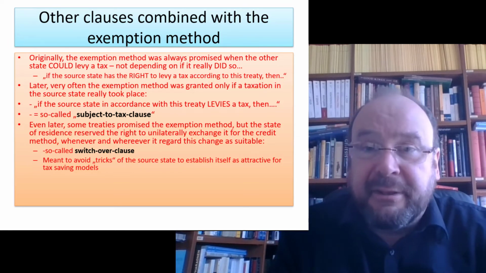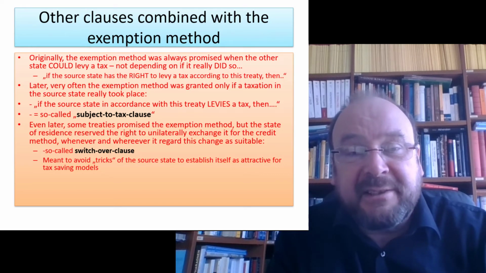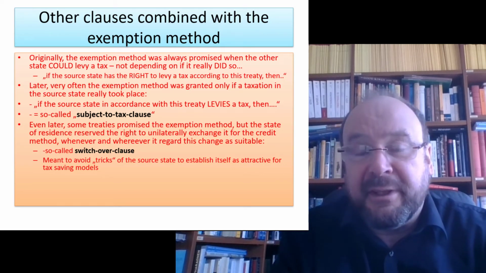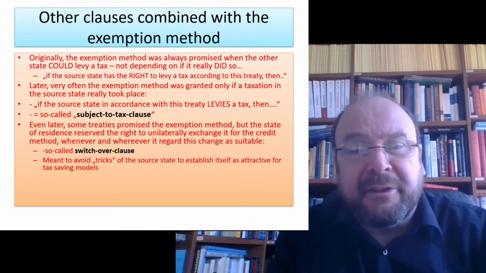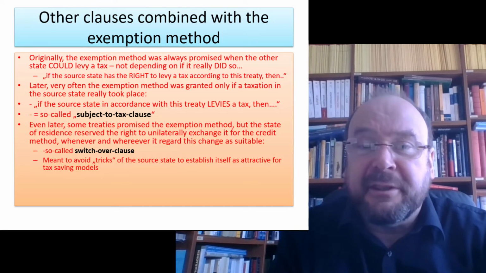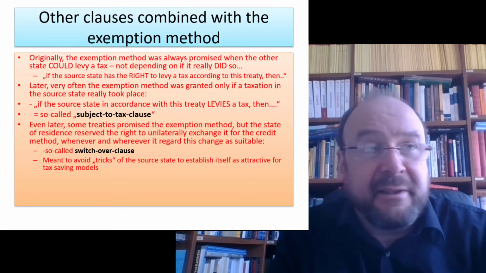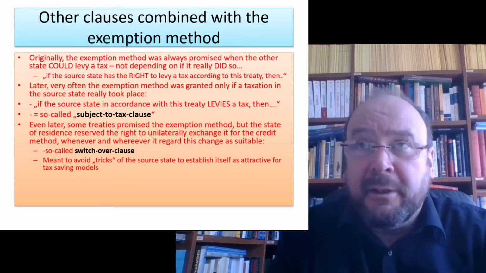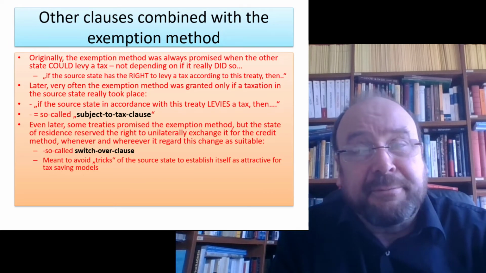This would probably be regarded by Germany as an unfair trick to shift investment from Germany to the other state, and probably you would say that was not the original idea and sense of the exemption method. We wanted to achieve equality and competition with the local competitors. Now, this is far better than the local competitors, so let's make use of the switch-over clause.